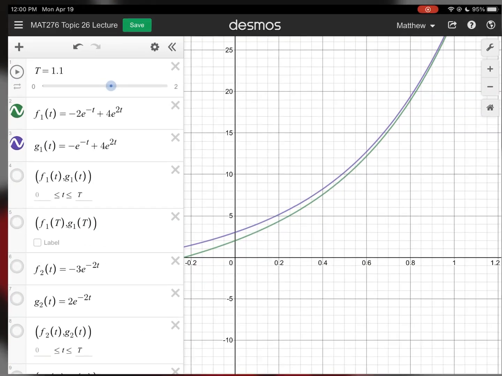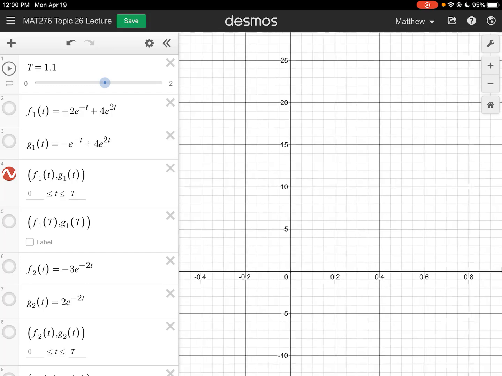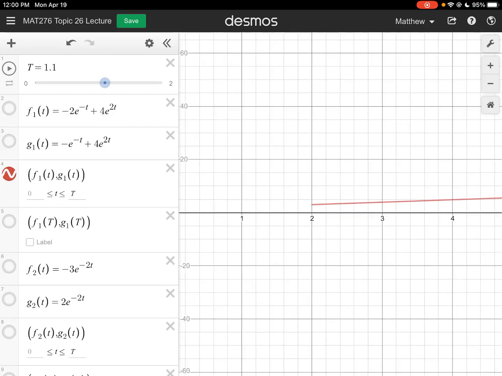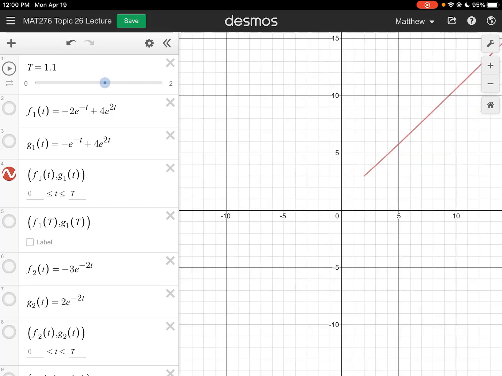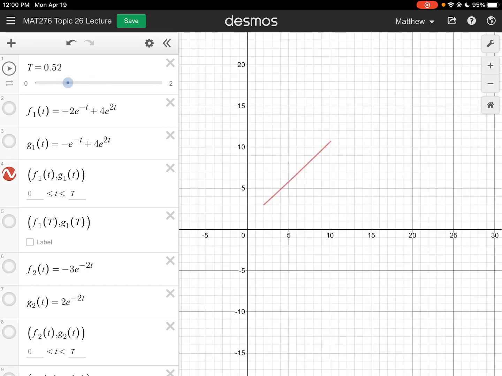So going back to Desmos, I'm going to hide now the depictions of the functions as functions of time. I'm going to reveal the graph for f1 g1 of t as t advances from 0 to 2. And let's zoom out and see if we can see where this curve is. Oh, I see the curve over there. Let me hit the home button and see what this looks like. Okay, so I've reset the scales. Let me show you what dragging t does.